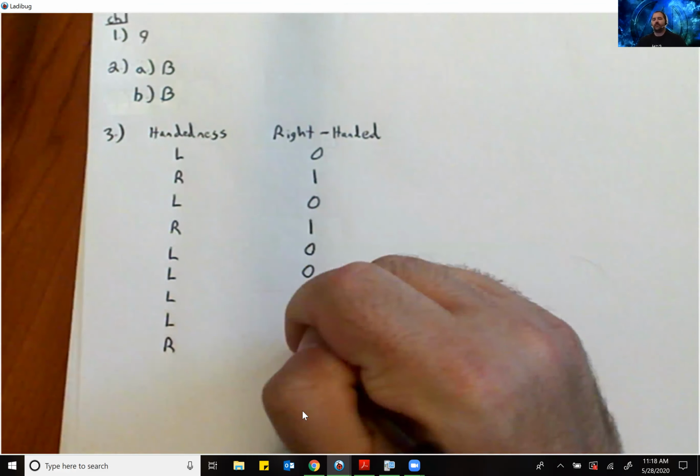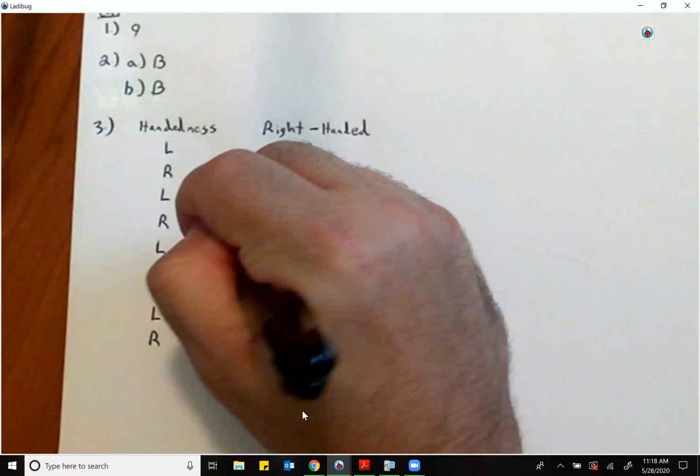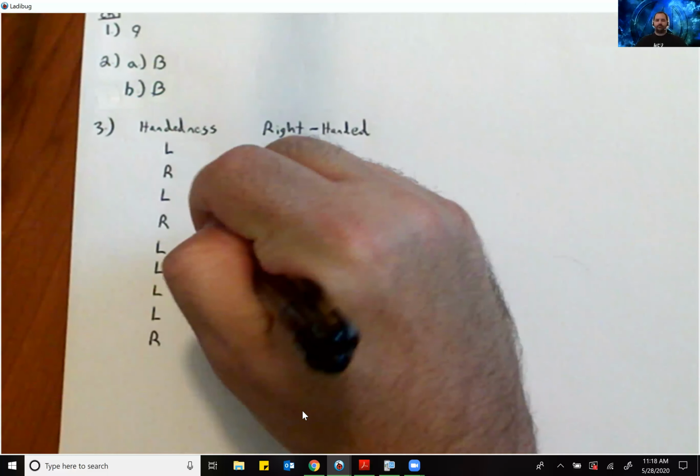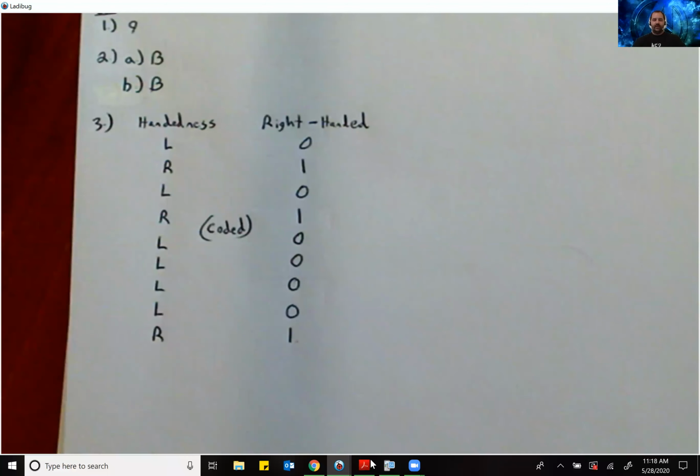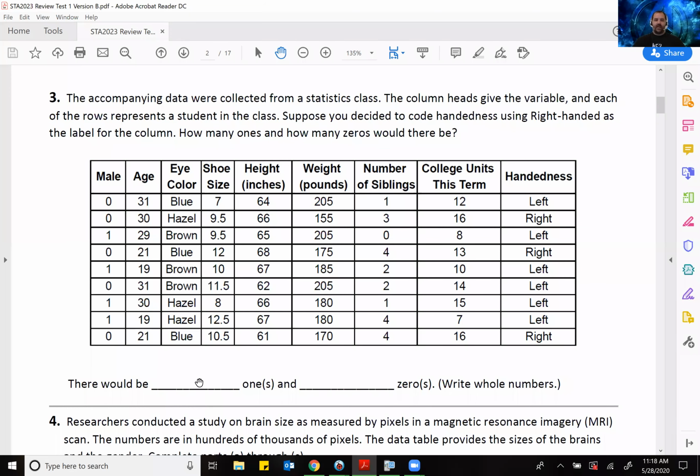So she's absolutely correct, there are 3 ones and 6 zeros. Does that make sense? Yes. Okay. So we coded it. That word that was elusive to me earlier. So there would be 3 ones and 6 zeros.